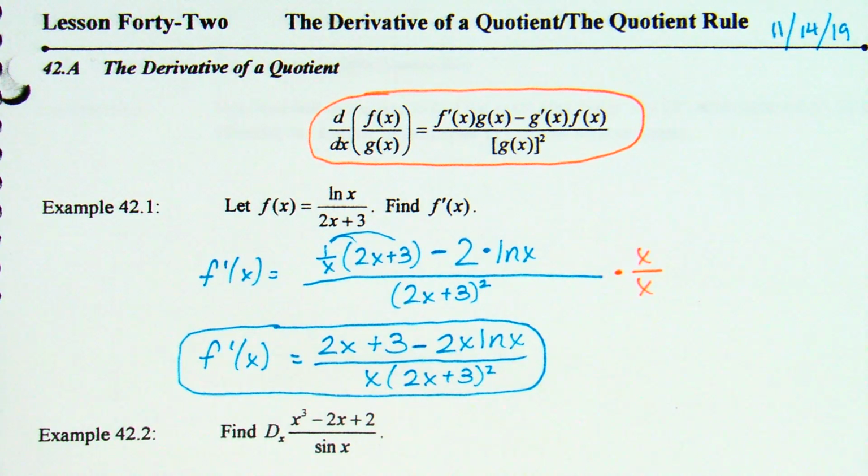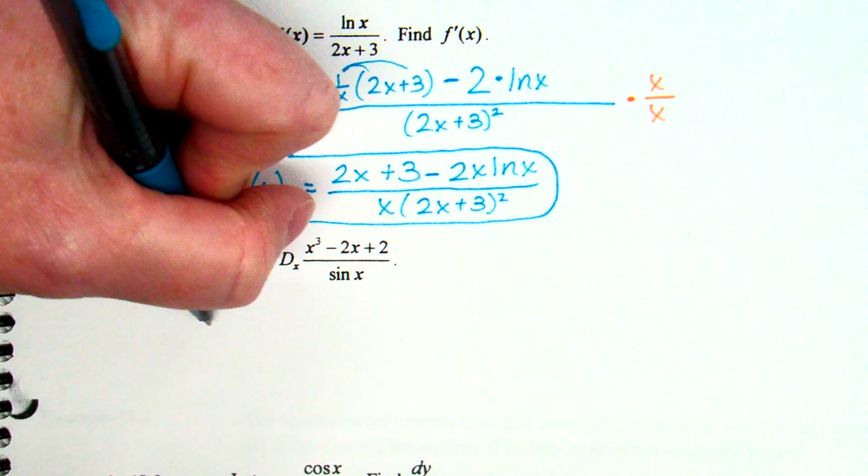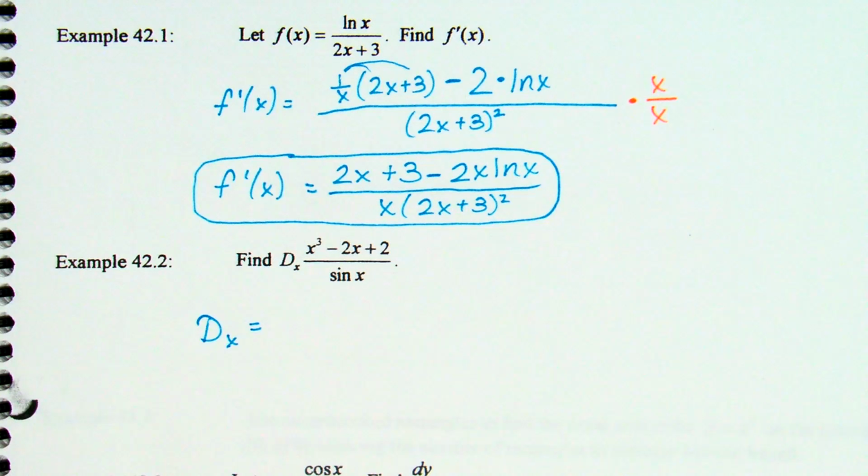Okay, we've got 3 more examples to practice the derivative using this quotient rule. So example 2 says find d sub x, another way of saying find the derivative of x cubed minus 2x plus 2 all over sine x.